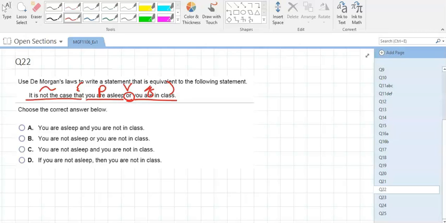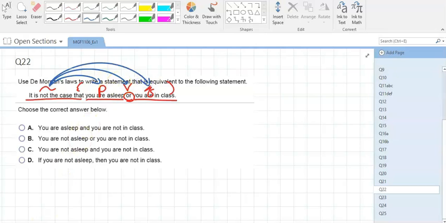We want the negation of this statement. In other words, we want to use De Morgan's law. Remember in class I told you De Morgan's law is kind of like distributing, but it's not really distributing because distributing means we multiply, and we don't multiply logical symbols. But it's going to be like you distribute it through, but it affects everybody.